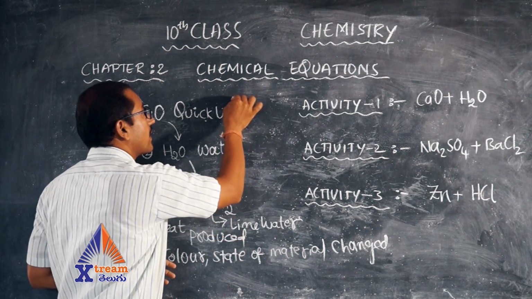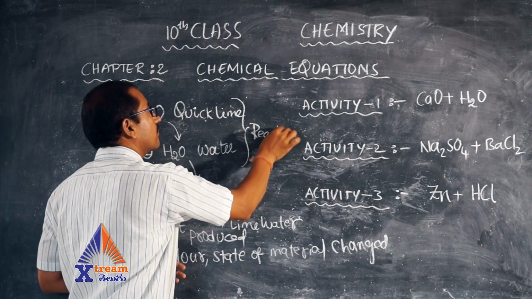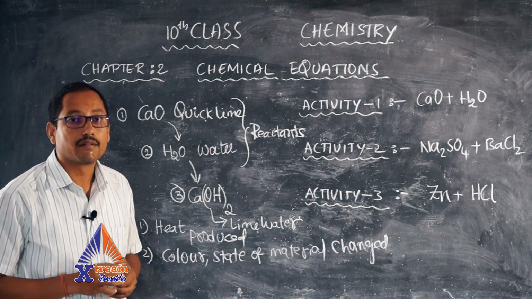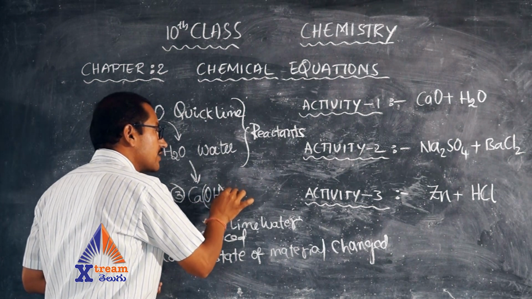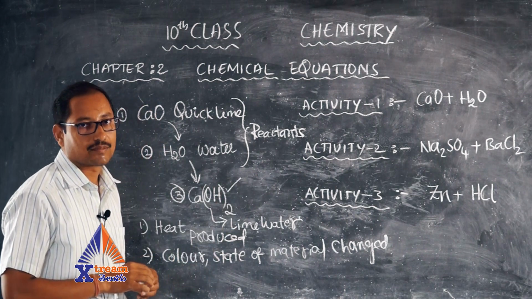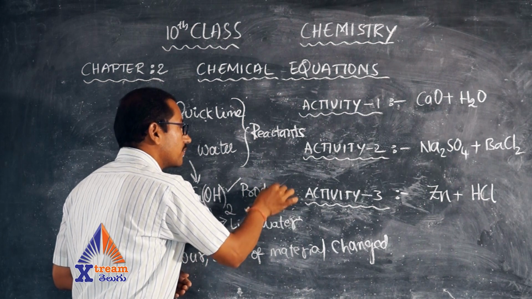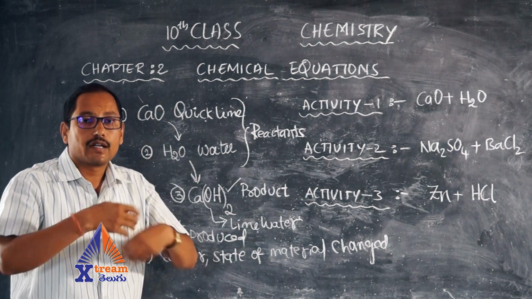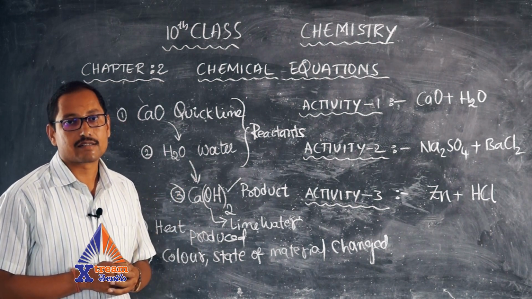They are called reactants. And the third chemical is produced after the reaction. So it is called the product. The chemicals which come together and intermix are called reactants.